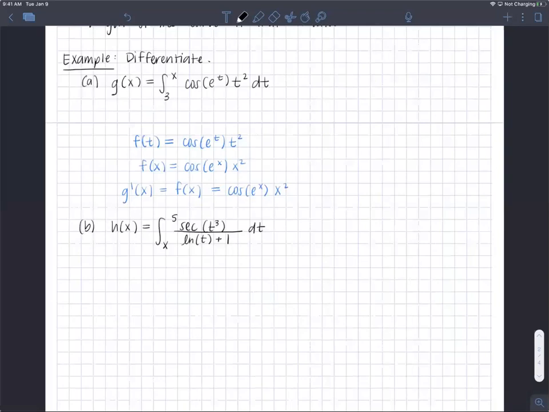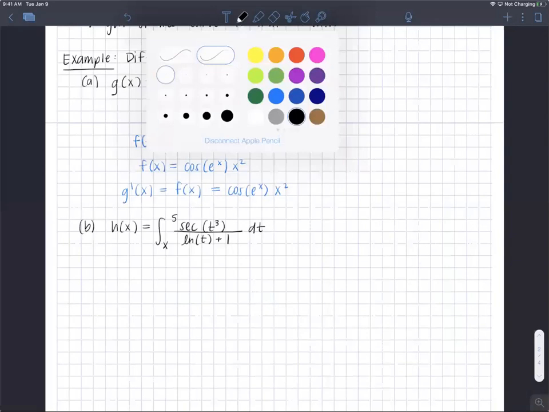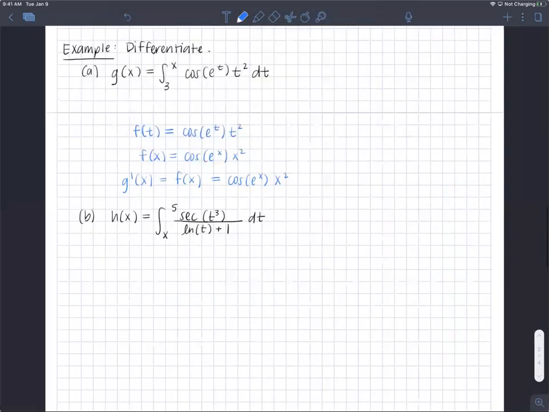But anyway, if we go back to this example, we want to find h prime of x. I'm not going to do all of the steps here, but basically this is going to be my f of t. When I do h prime of x, I'm basically just going to replace all the t's here with x's. So I'm going to have secant of x cubed over ln of x plus 1.